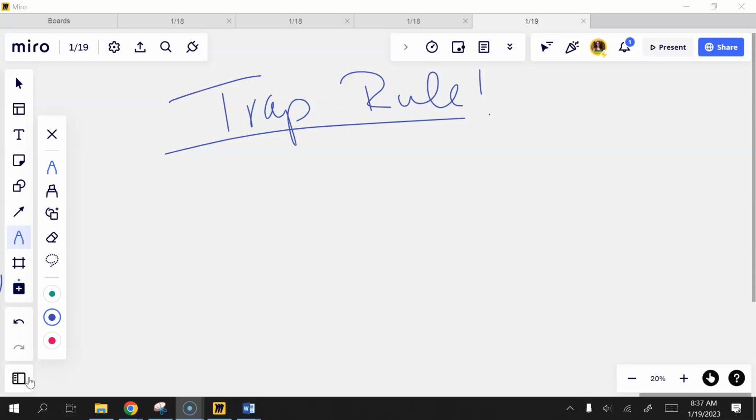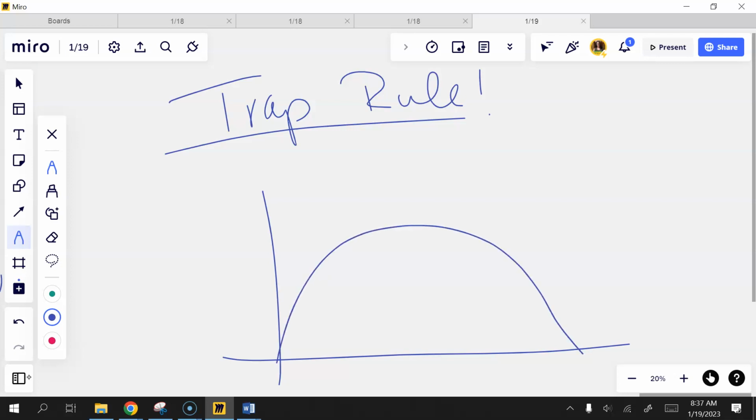All right. Here's what the trapezoid rule does. Trapezoid rule is nothing more than we take the area under the curve. Remember, we had that area under the curve before, and we used rectangles to approximate. Say this is my curve divided into however many sub-intervals I have.